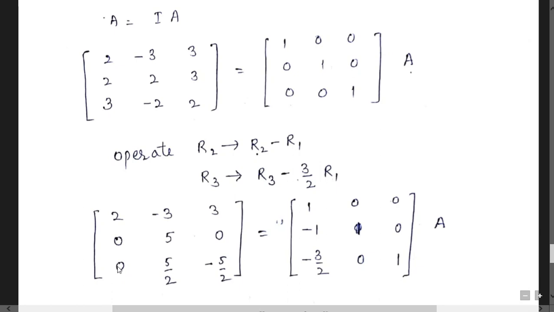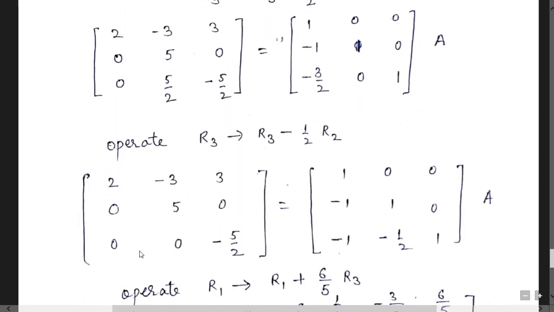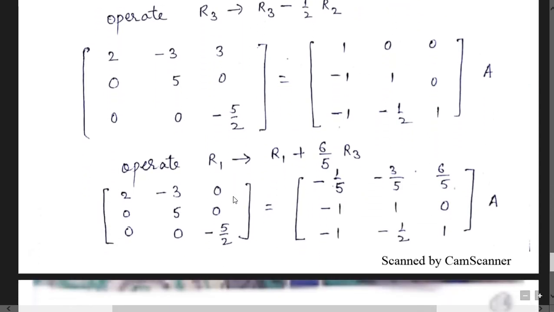Look at the answer. In the second step, I convert these elements by the necessary operations into 0. Then I convert this element 5 over 2 into 0. Then convert these two elements, 3 and 0, into 0. It's already 0, but I convert this element into 0.